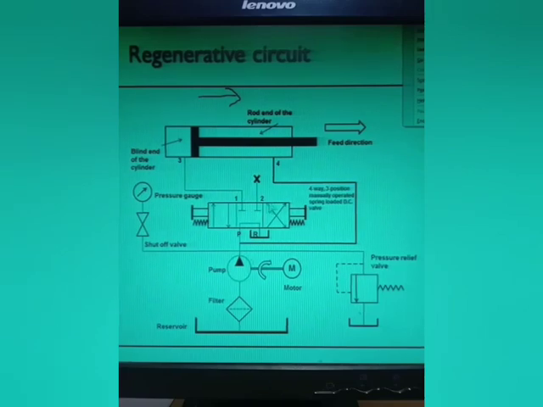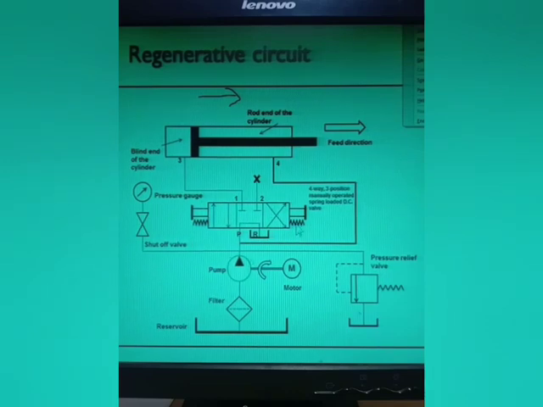Then we are using here a 4x3 direction control valve, which is also solenoid operated. Generally it is not solenoid operated, it is a 4x3 manually operated spring loaded direction control valve.